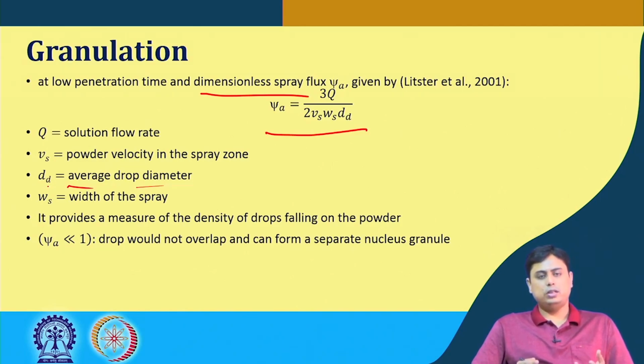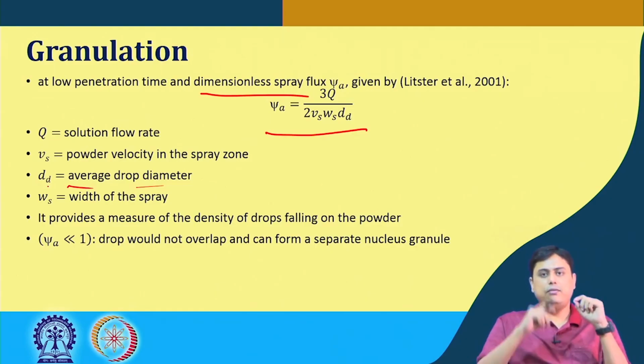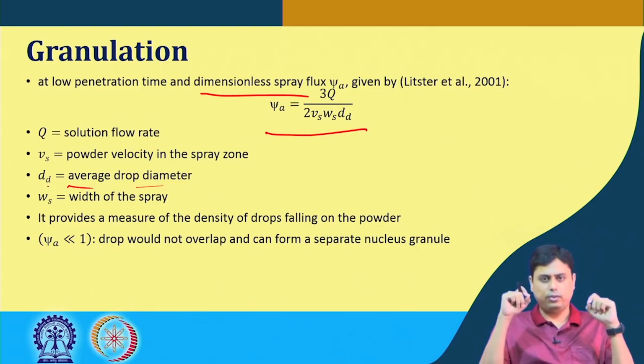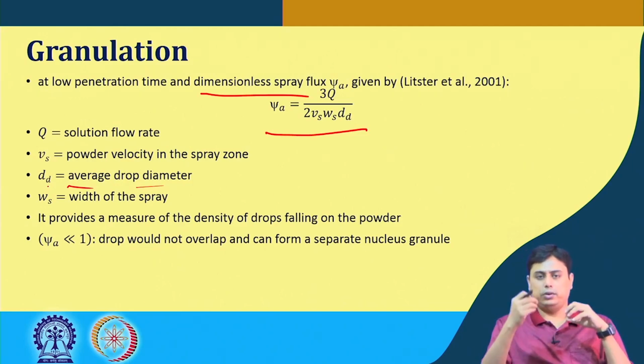If its value is much less than 1, then one drop wouldn't overlap with another and can form a separate nucleus granule. So, the process efficiency becomes higher, as each and every droplet and its effect is not destroyed or hampered by the presence of other liquid droplets.